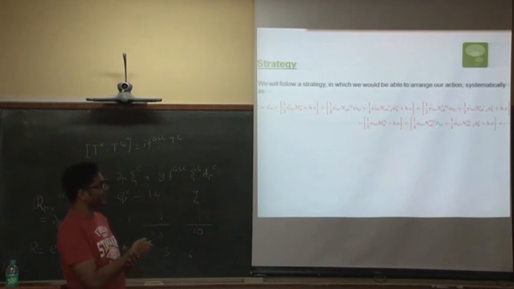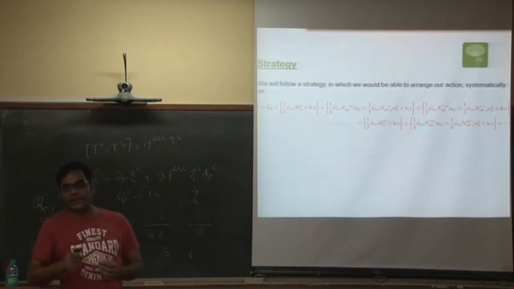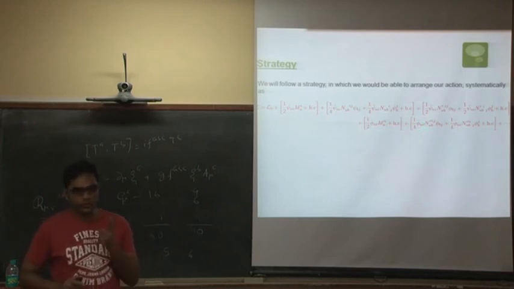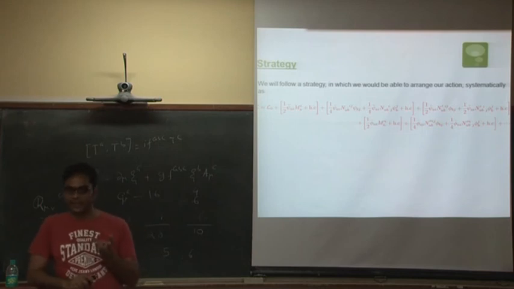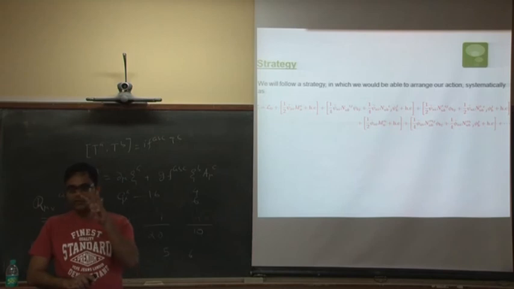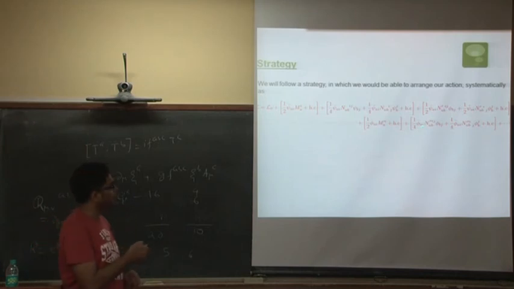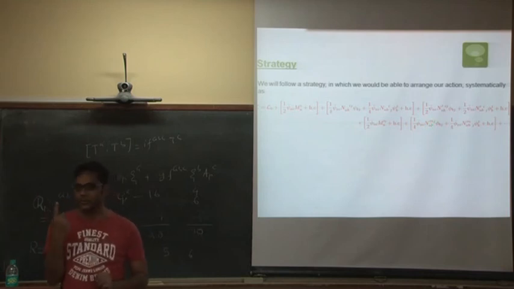The way I can argue is this: phi A I has Weyl weight 3 by 2, so 2 phi's will have Weyl weight 3. But the whole thing needs to have Weyl weight 4, because it is part of the Lagrangian. So this n double prime that I had written down can have at most Weyl weight 1.